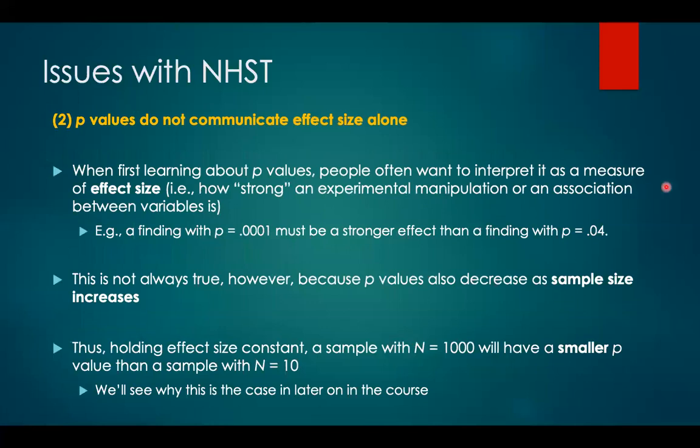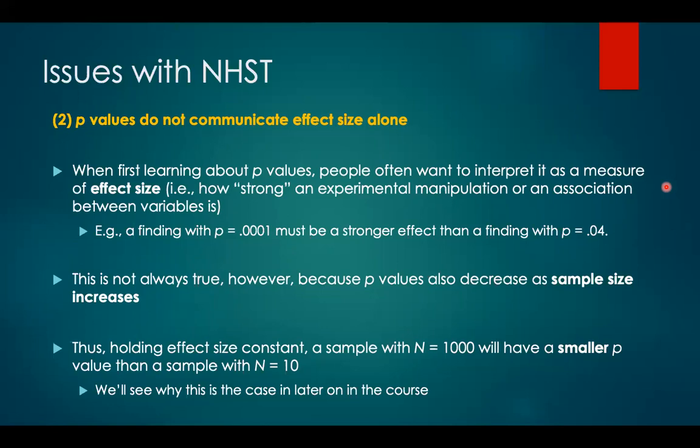Now, another point is that p-values do not communicate effect size alone. So in first learning about p-values, people often want to interpret it as a measure of effect size, or in other words, how strong an experimental manipulation or association between variables is. So for example, finding a very small p-value like p equals 0.0001 must be stronger in terms of effect size than finding a p-value of 0.04.